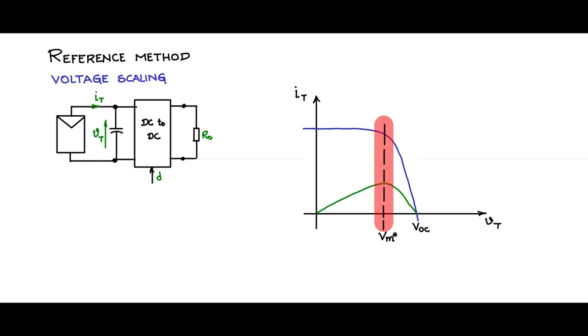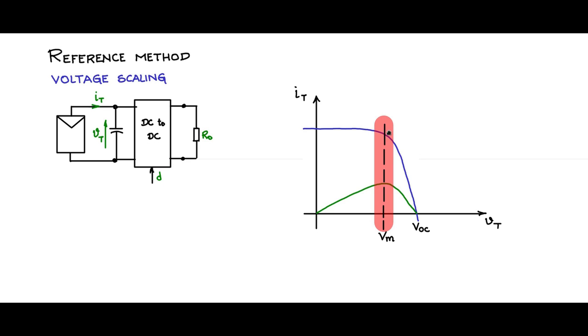So as an approximate solution, we could say that if I choose Vt, the panel voltage, to lie always within this band, which means if I am having a load line which is in this band here, if I have load lines in that band, then more or less it is hovering around the maximum power point.